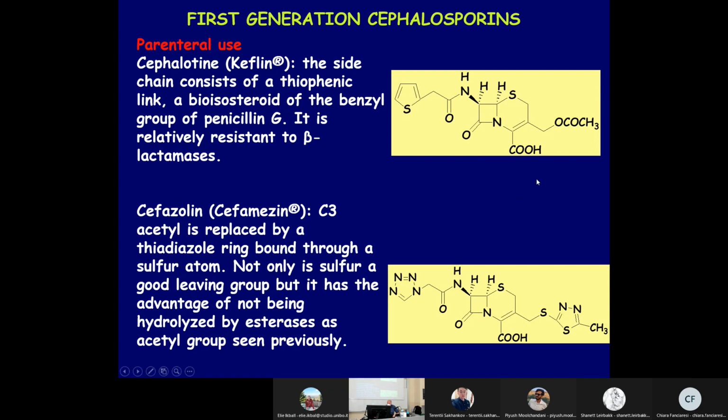At the beginning, you see the basic backbone of cephalosporin, an aromatic ring, the side chain like for penicillin, and once again you see the leaving group represented by an acetyl.